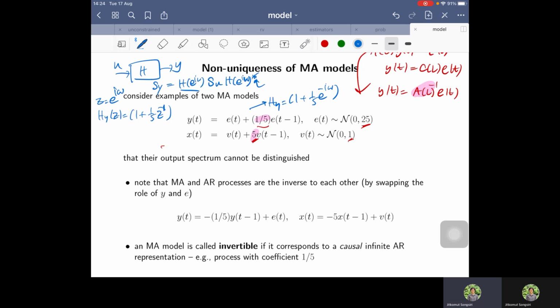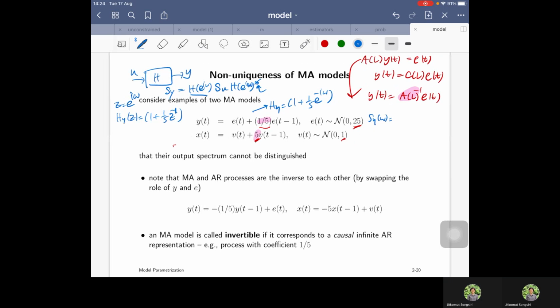So the spectrum of Y would be what? Let me write it here: 1 plus 1.5 e to the minus i omega, times the spectrum of E, which is 25, times H complex conjugate transpose. So it would be this.